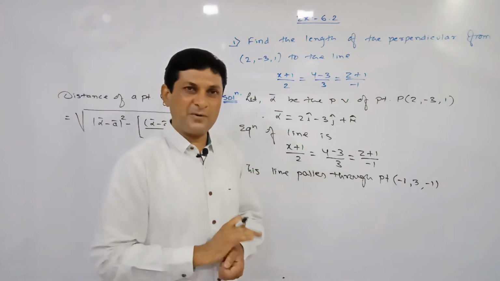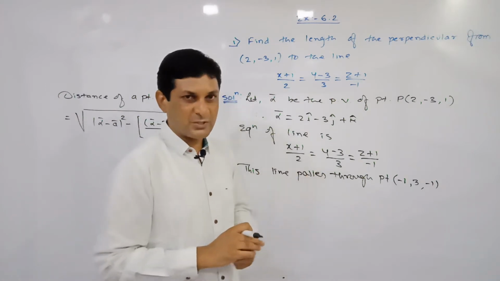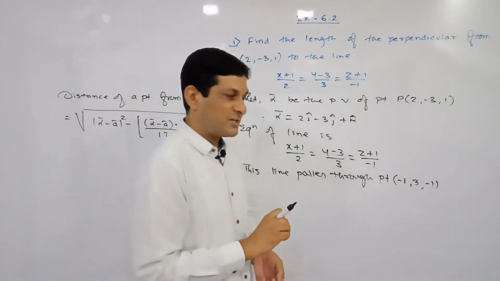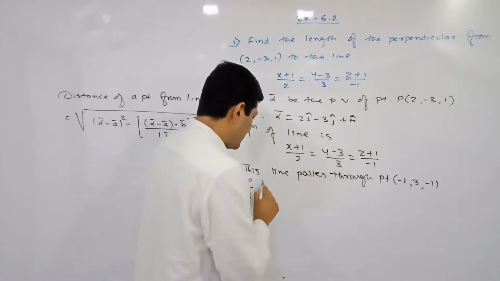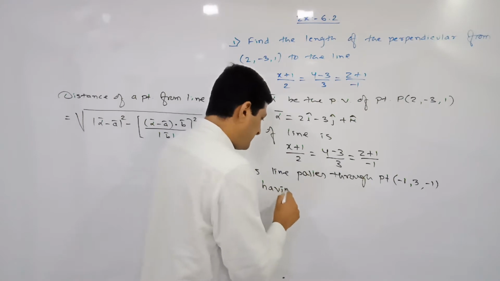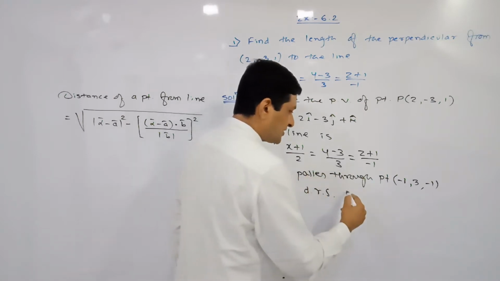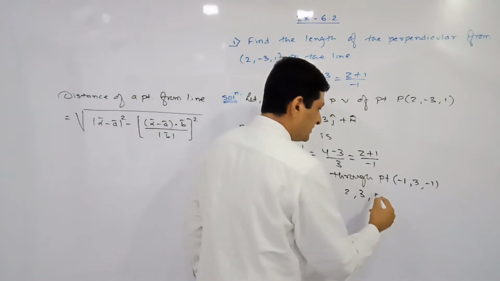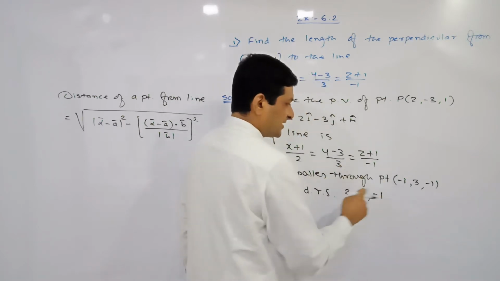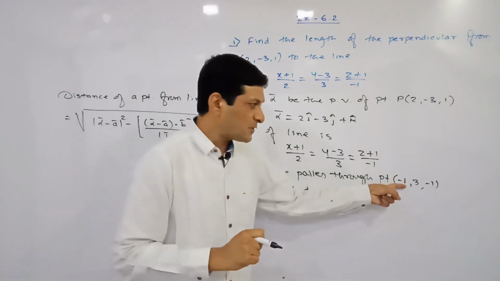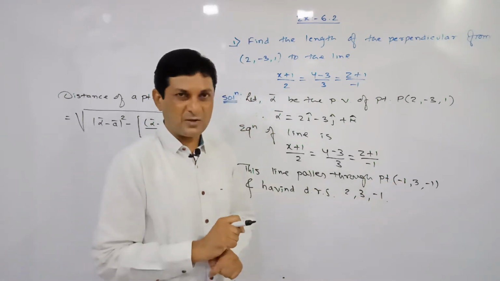Already this part we have discussed when we proved this equation of line. And the values in the denominator represent what? Direction ratios. What are the direction ratios? 2, 3, -1. 2, 3, -1 are the direction ratios of the line. Now the coordinates of a point on the line and the direction ratios are known to us.